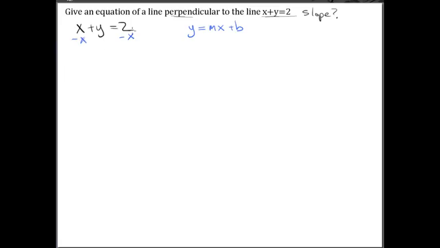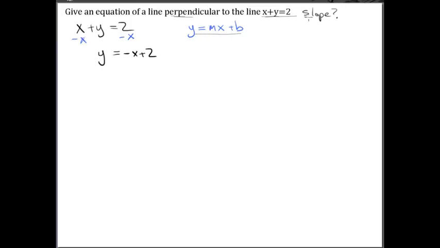After we subtract x from both sides, this x will go away, and we'll be left with just y. So we'll have y is equal to, well, this constant, this 2, and this variable, the x, can't combine. I'm going to write that as minus x plus 2, because that's our slope-intercept form order.